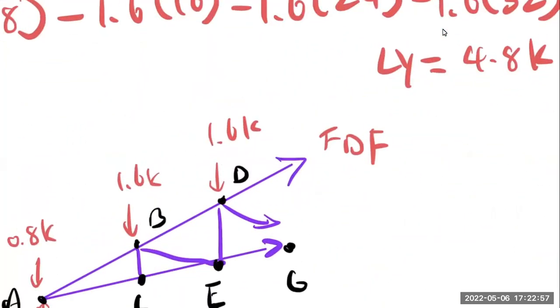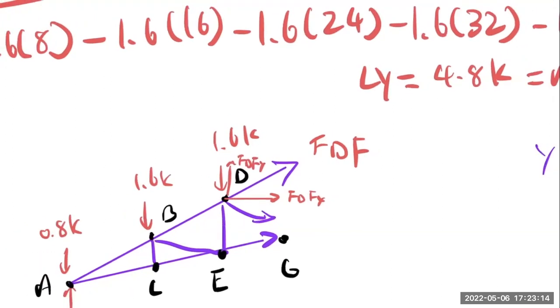If you look at this graph right here, this is FDFX and this is FDFY. If you take a moment, FDFY is not going to produce any moment at G. Only FDFX will.